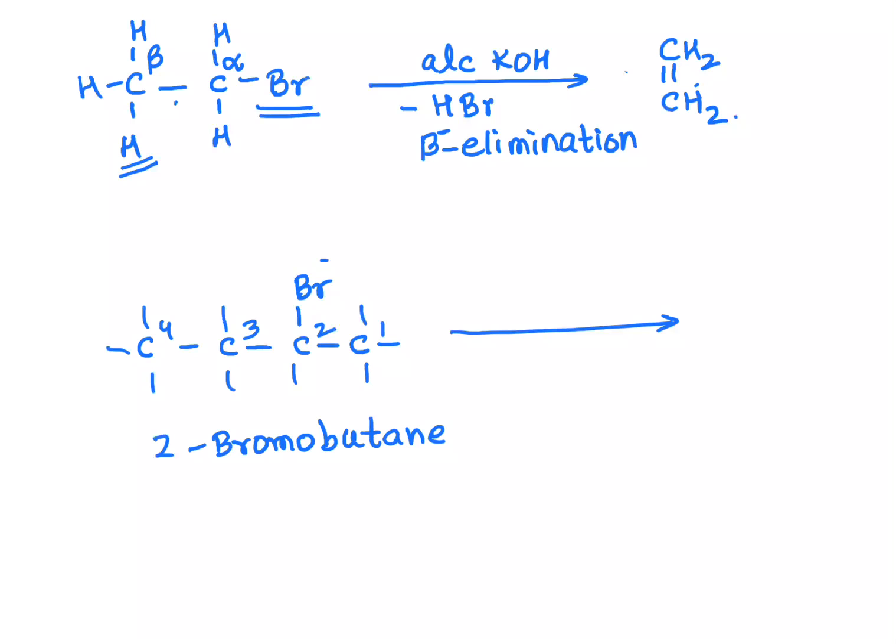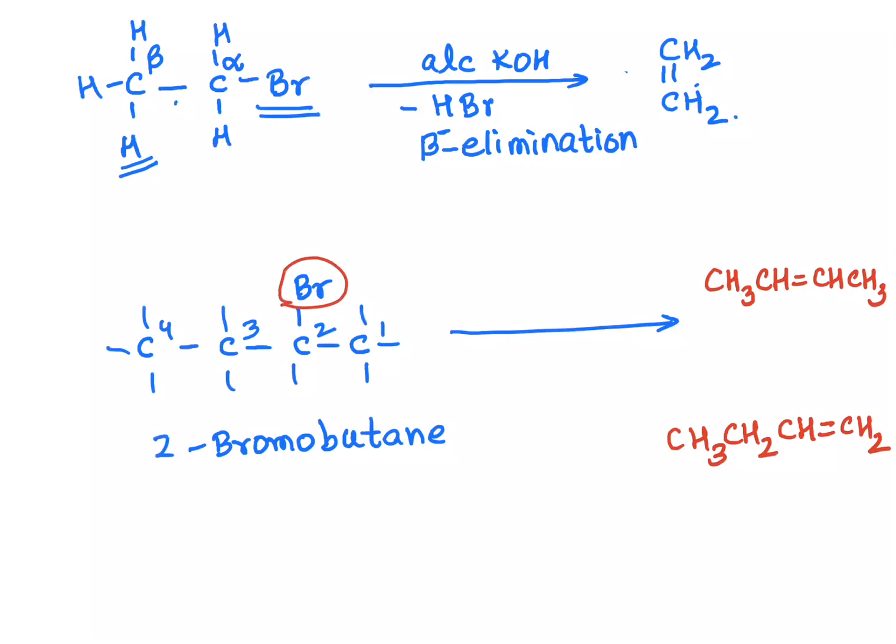Now can you tell me the products which will be formed in this reaction? Okay, so what we've got over here, CH3CH, so bromine goes from here, hydrogen goes from this carbon atom, right? Because there are two adjacent carbon atoms, so you can have a 2,3 combination or a 2,1 combination.